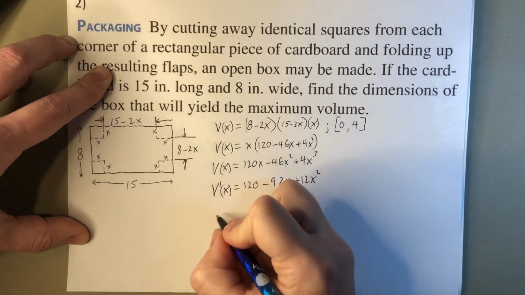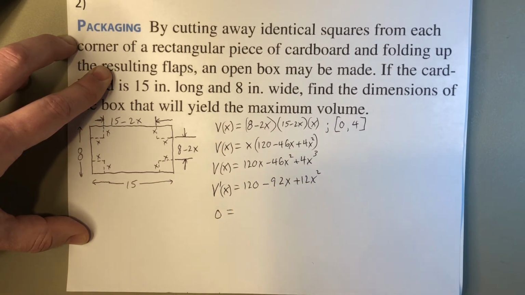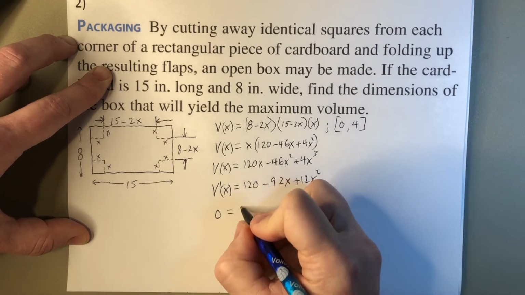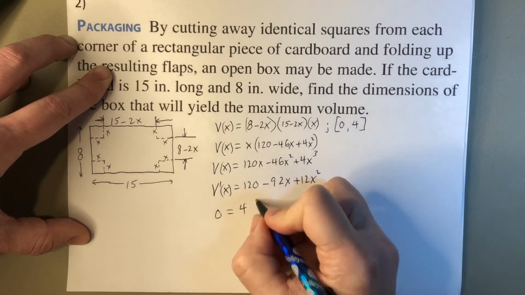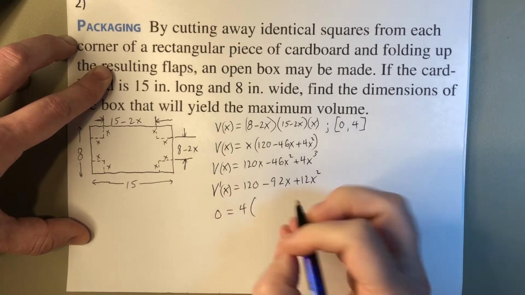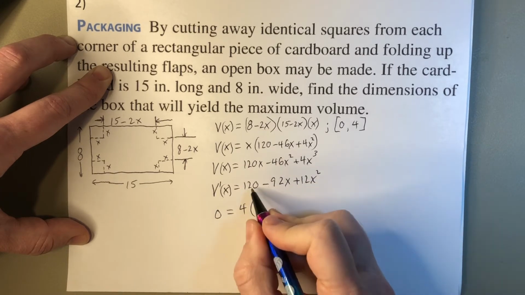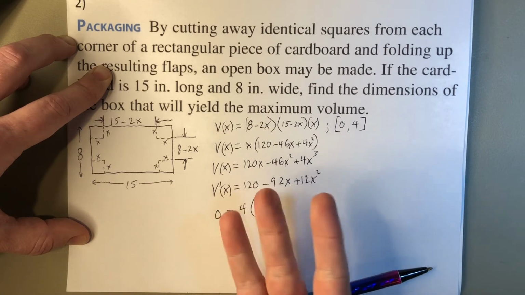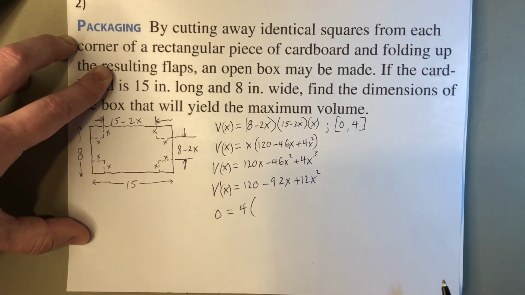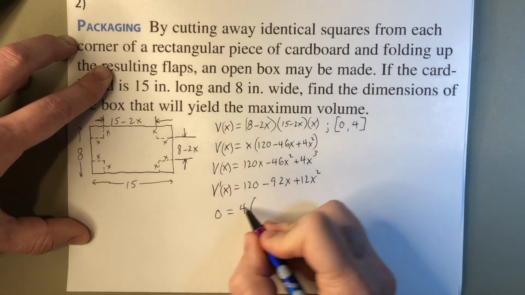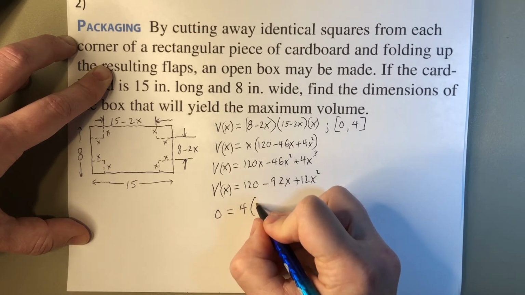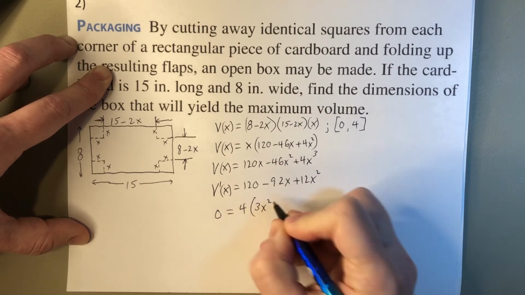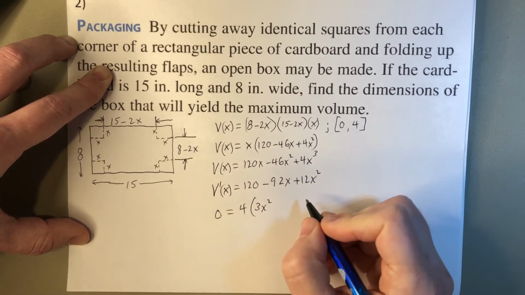Okay, now let the first derivative be equal to 0 and solve for x. I'm going to first recognize that there is a GCF here of 4. And so I have 4. Then I'm going to flip it, because I don't like this written in ascending order, and write it in descending order with respect to the degree of x. So 4 times what? 4 times 3x squared would give me 12x squared.